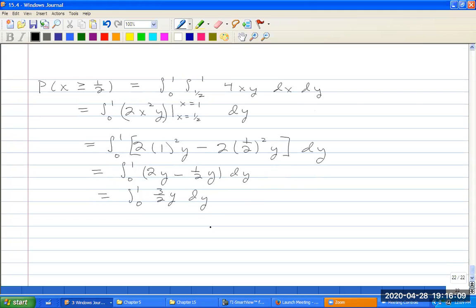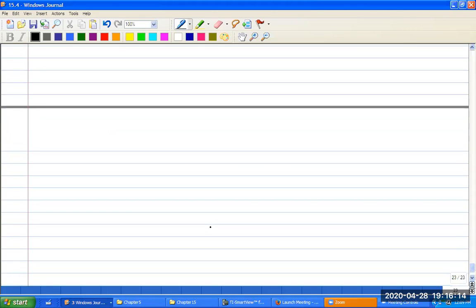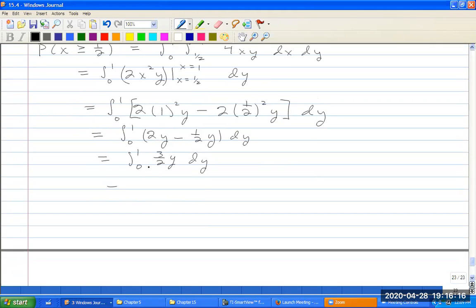If I integrate that, I'm going to get 3/4 y squared between 0 and 1. So you plug in 1 and you get 3/4, minus 0. So the probability x is greater than 1/2 is 3/4.